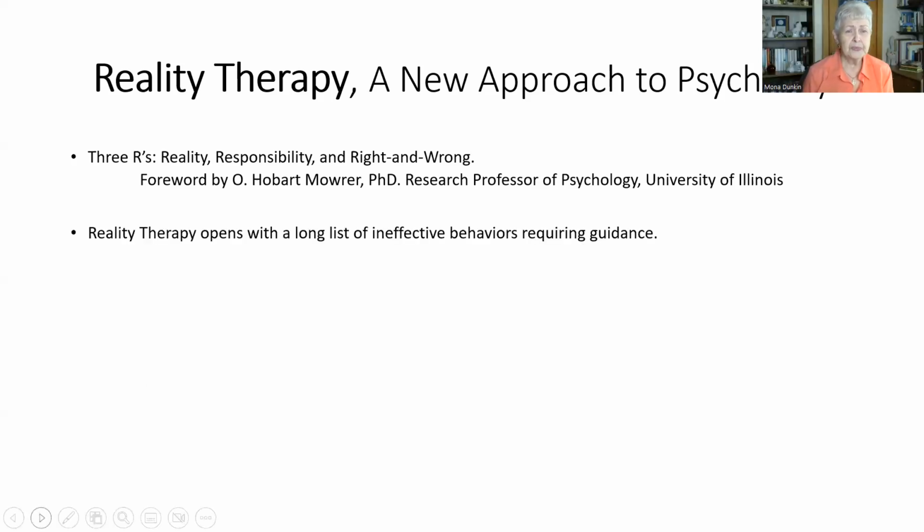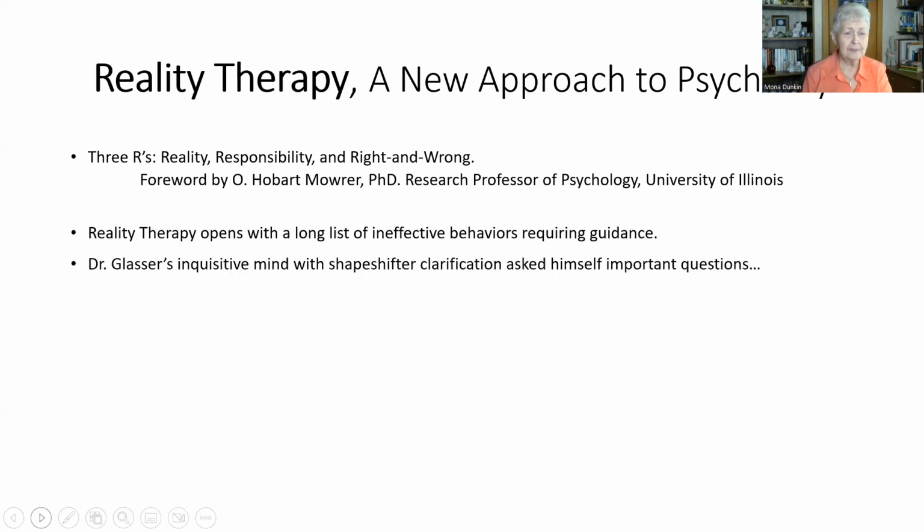In the very first chapter of the book Reality Therapy, Dr. Glasser opened with a long list of ineffective behaviors that require some guidelines. Then, with his inquisitive mind, he asked himself some very important questions and put those in the book too.